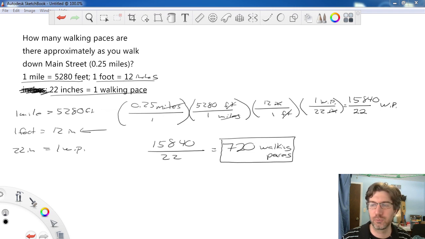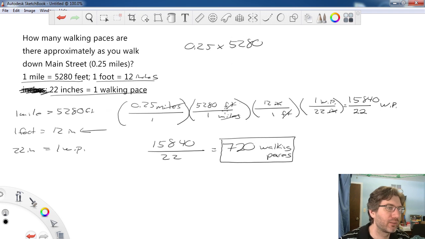Did you lose your decimal point? Where'd you get that huge number? You're doing 0.25 for the miles times 5,280 for that one times 12, and then this one's just 1, so times 1.